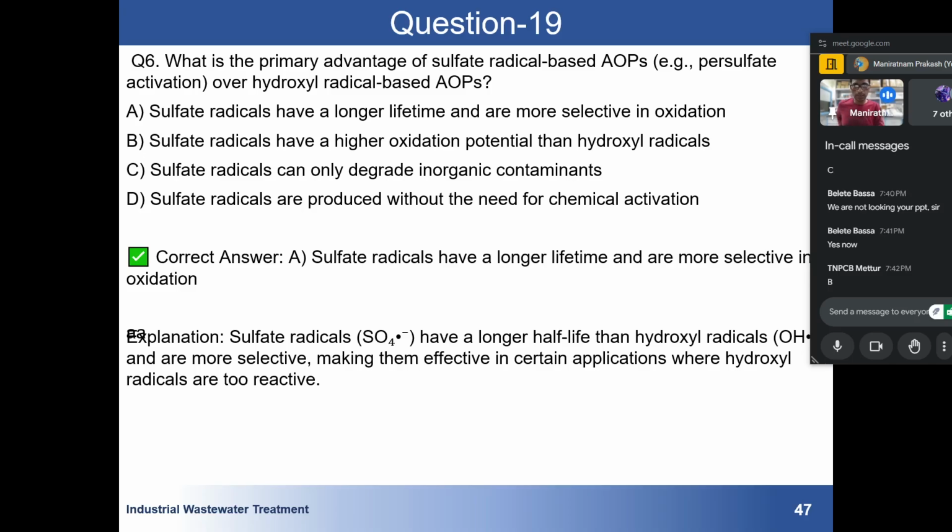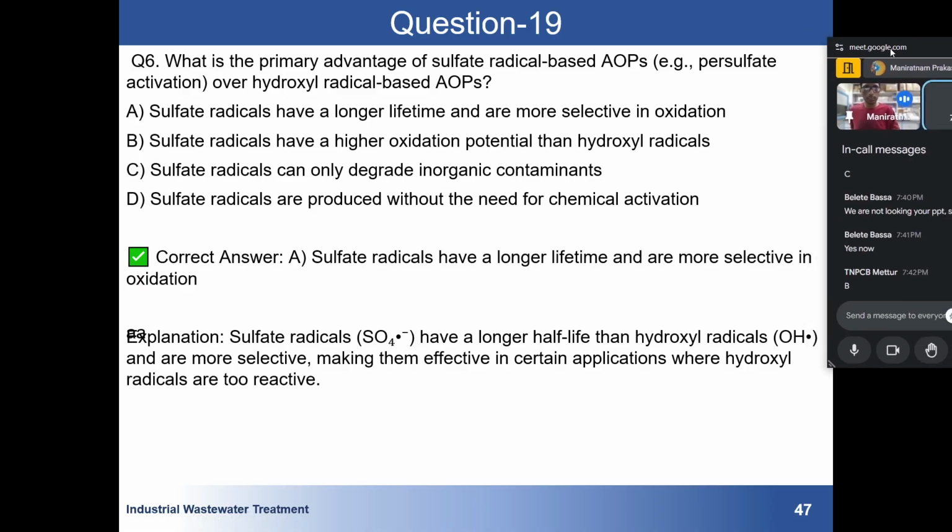They have a longer lifetime than hydroxyl and are more selective in oxidation, making them effective in certain applications where hydroxyl radicals are too reactive.